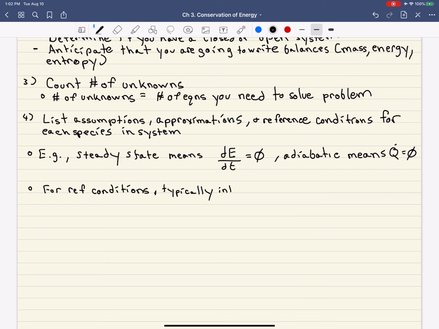Typically, we set the inlet or initial conditions of our system as the reference conditions. We use those conditions to set the reference temperature, reference pressure, and reference phases for each of the species in the system. So by convenience, we're just going to use the inlet or initial conditions.